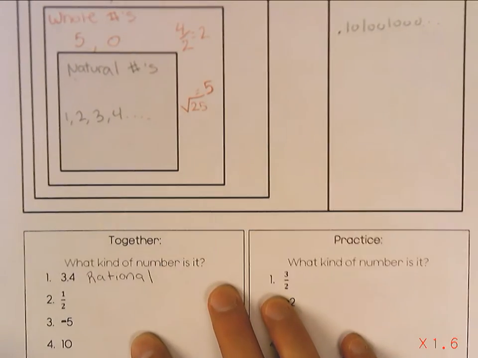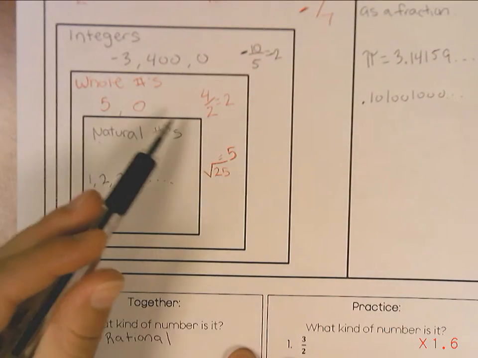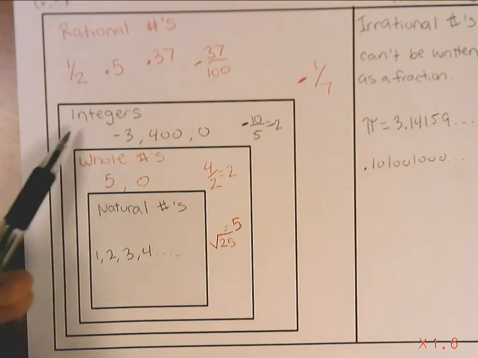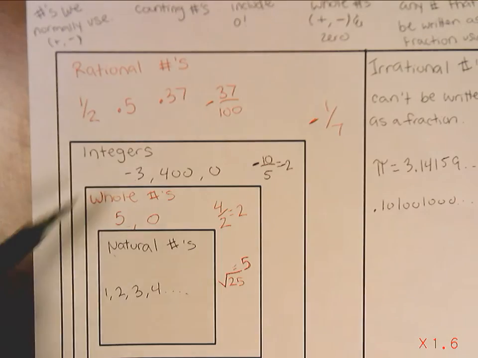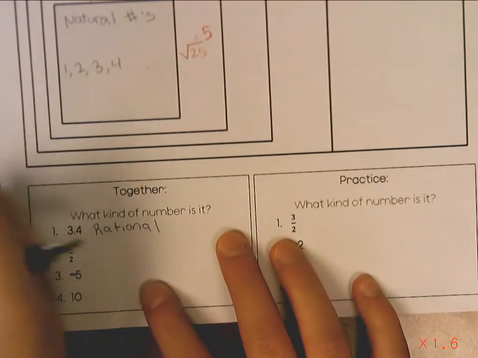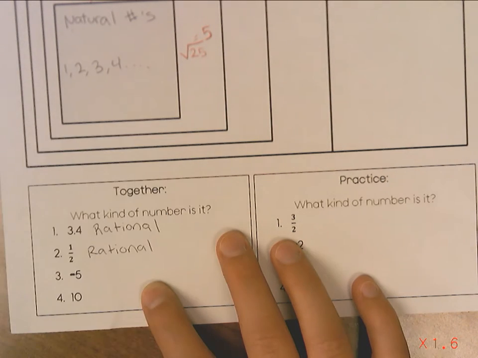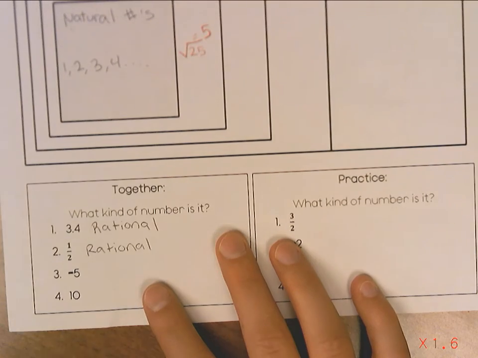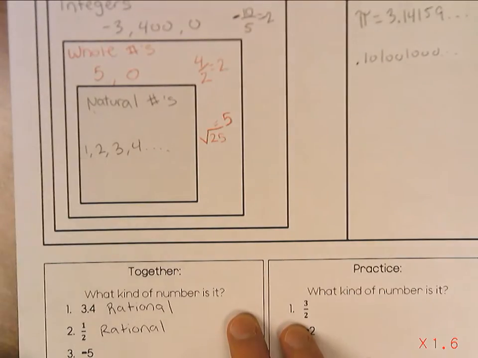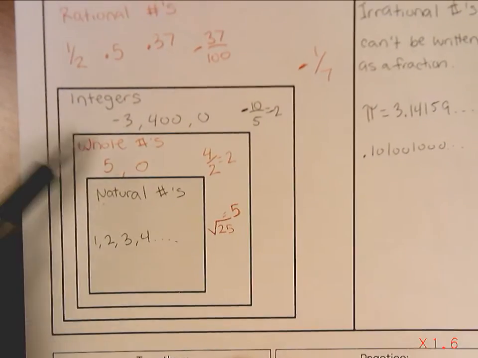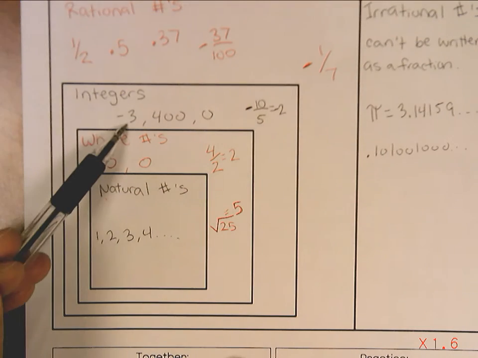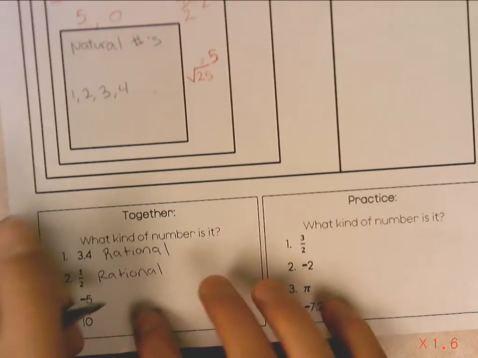Next is 1/2. It's a fraction, so it has to be a rational number. Next we have -5. So natural numbers can't be negative, whole numbers can't be negative, but integers can be. We have a negative here, and so it's an integer.